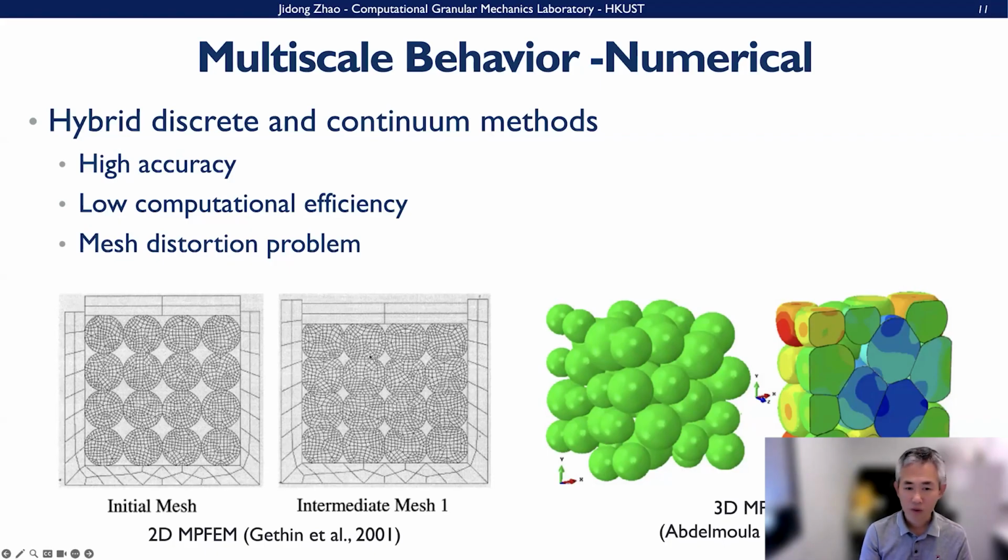When we compress particles in severe deformation patterns, the FEM mesh can be extremely distorted, which is a mesh distortion problem. Mesh distortion normally causes numerical issues here, right? So these are the hybrid discrete and continuum approaches that we can use here.